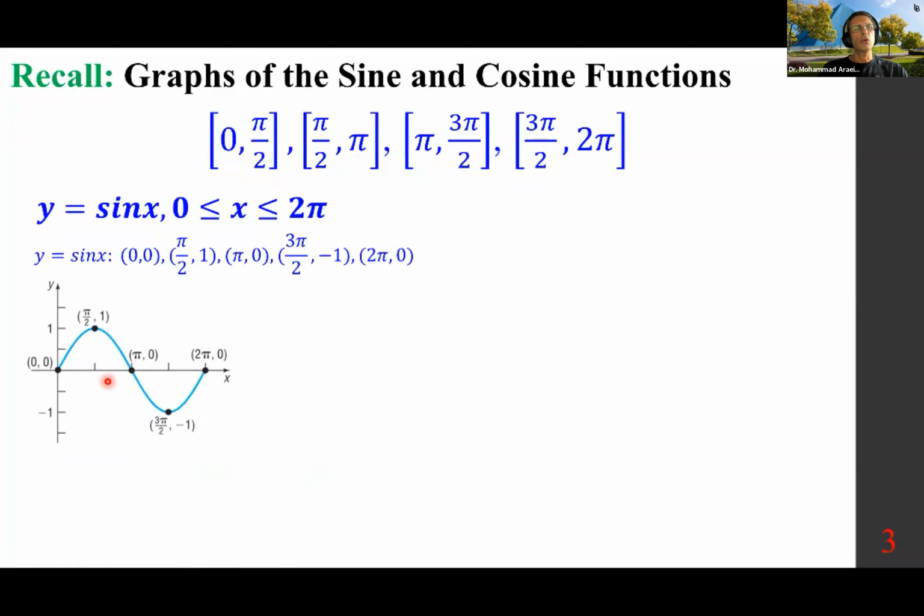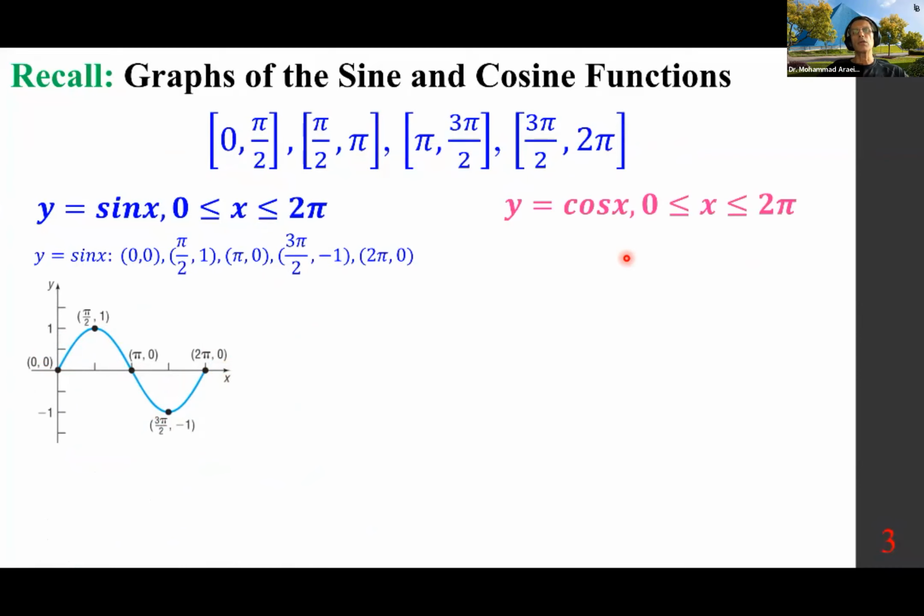Those are the 5 key points: (0, 0), (pi over 2, 1), (pi, 0), (3 pi over 2, negative 1), (2 pi, 0). From these sub-intervals, we create those pairs. Of course, we continue indefinitely on both sides for the periodic function sine.